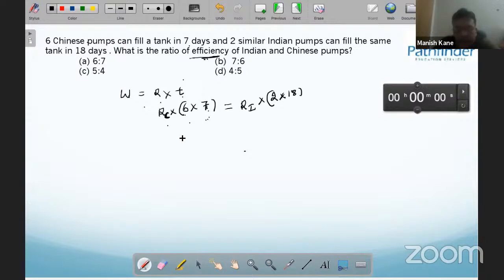So what is the ratio of Indian pumps' efficiency to Chinese pumps' efficiency? This must be 42 divided by 36, which is nothing but 7 upon 6. This is probably the easiest way to solve this question. So the correct answer here must be 7 is to 6.